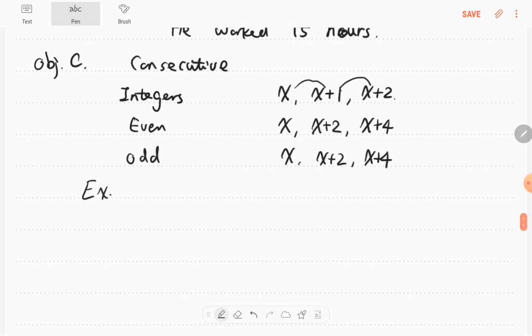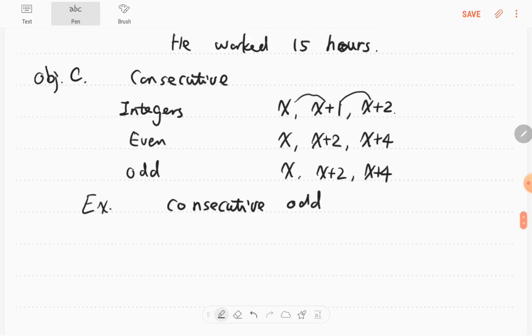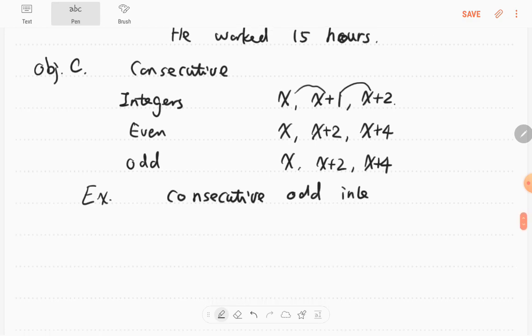So first example, some states have a single area code for the entire state. 2 such states have area codes that are consecutive odd integers. So here we know it's consecutive odd integers.